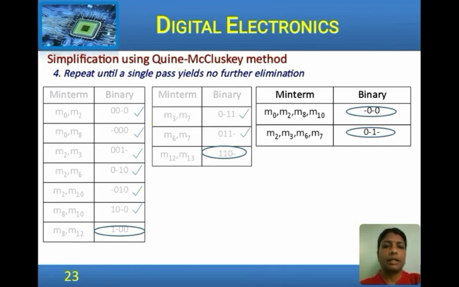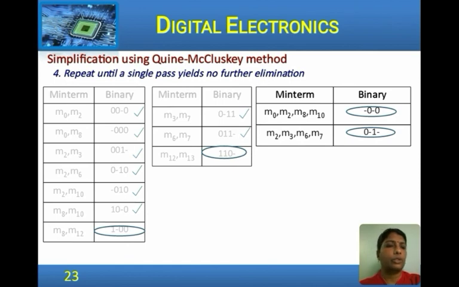Consider the third one, M2 M3, 0 0 1 dash; the dash at the end is there for M6 M7 as well. Compare them, and you notice they vary by only 1 bit position, the second bit position from the left. So, you can write it as 0 dash 1 dash, and M2 M3 M6 M7 can be combined.